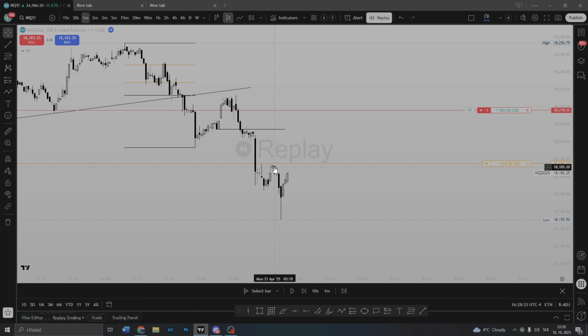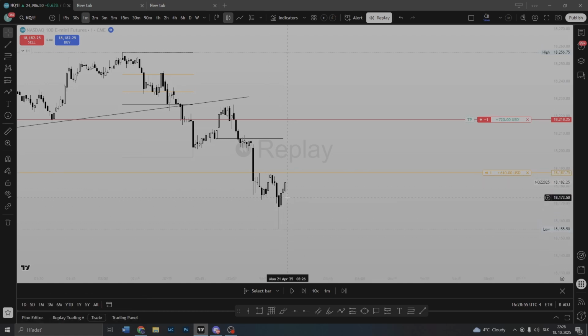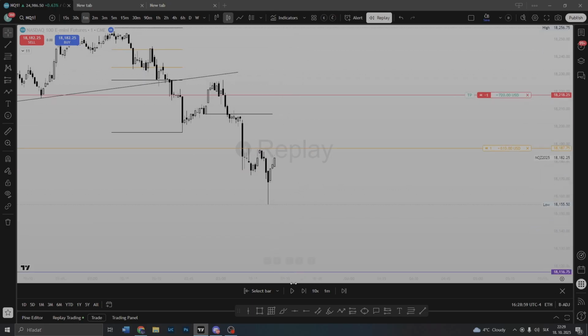The thing is, I'm not sure that this is the manipulation, and what can happen is we'll just take this high, kind of like an internal soup, and take the low one more time. Okay, this looks like we are just accumulating right now.